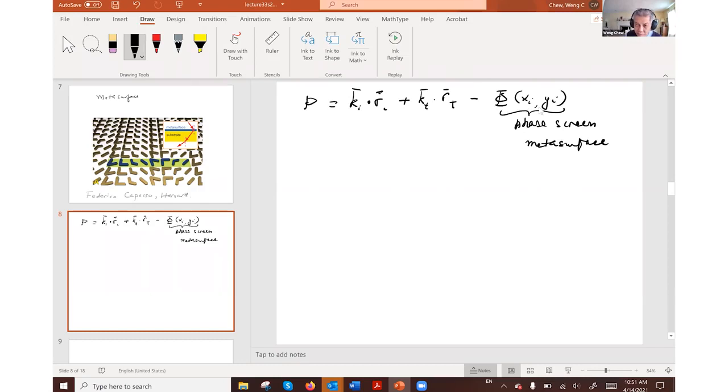It depends on where you hit the phase screen.